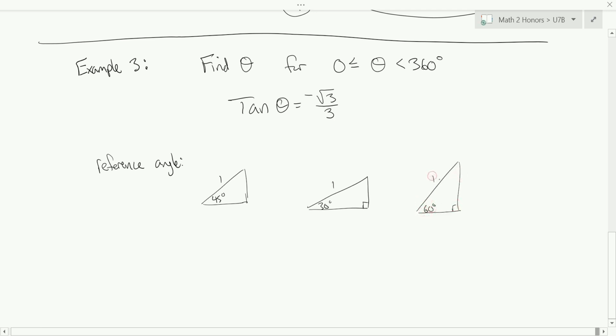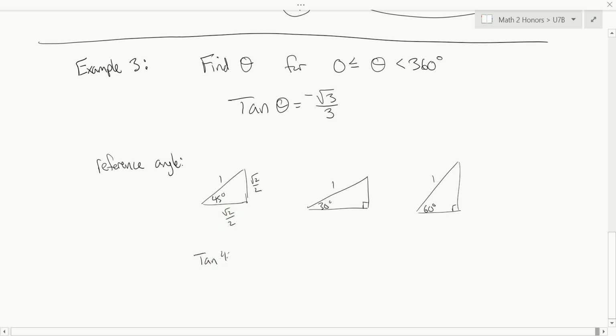And until you have done it enough times where you just know, oh, I know which one's root 3 over 3, until you're there, you're just going to try them out. Maybe you think, I think that's 45 degrees. Whatever you think it is, go after that first, but check it out, try it out. So I know 45 is root 2 over 2 here, root 2 over 2 here, and so I'll try it.